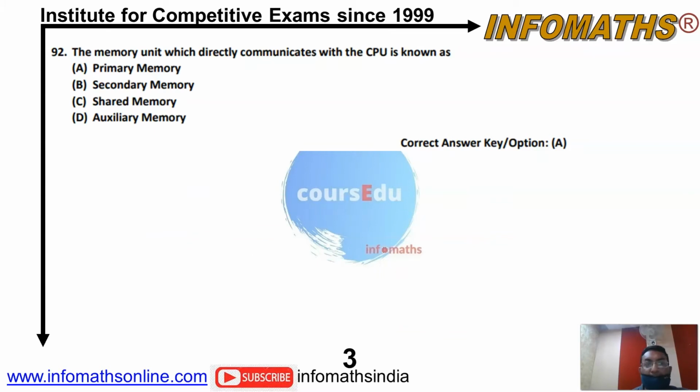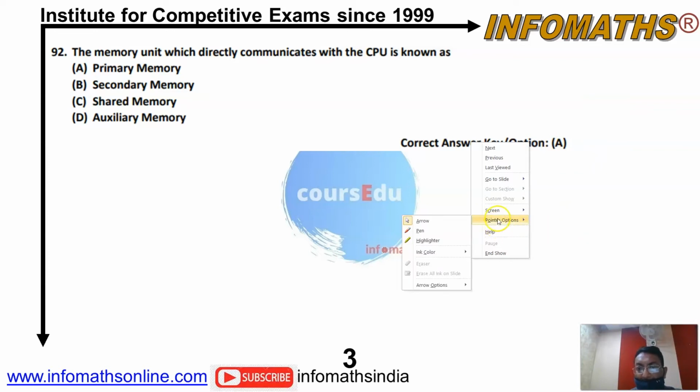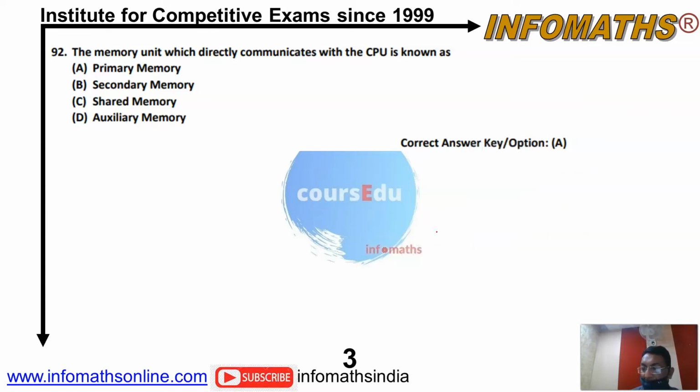Now here comes the second question. It's based on computer memory. The memory unit which directly communicates with the CPU is known as, this very basic fundamental question. As you know, you have studied the block diagram of the computer. So here comes the CPU.